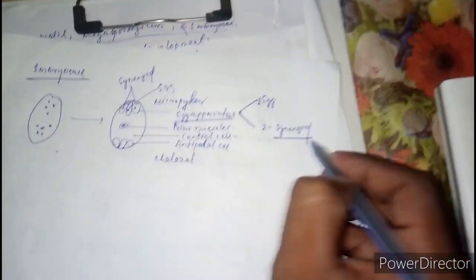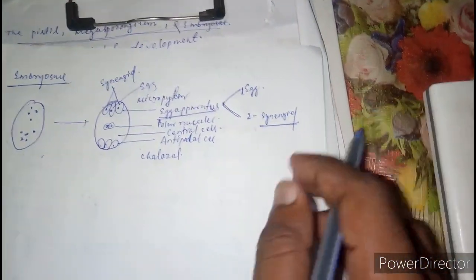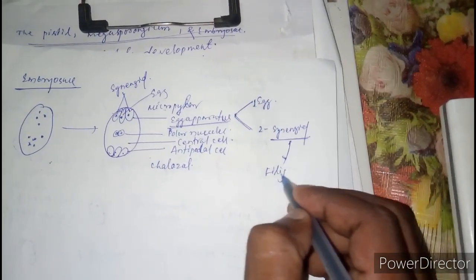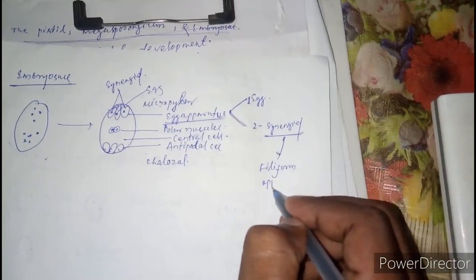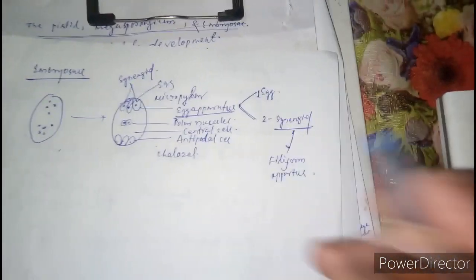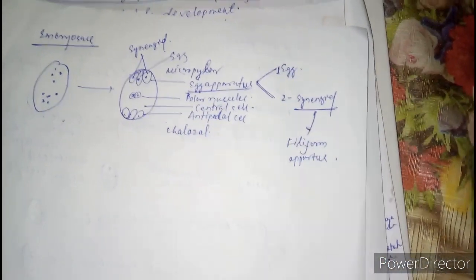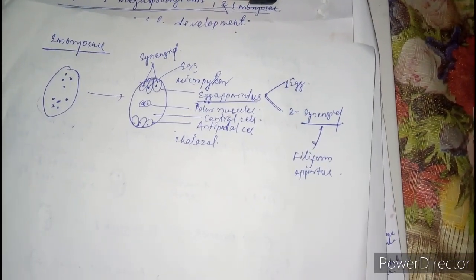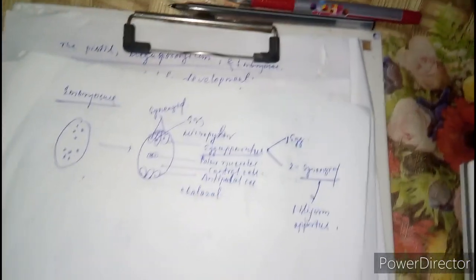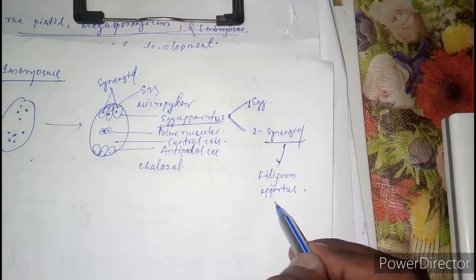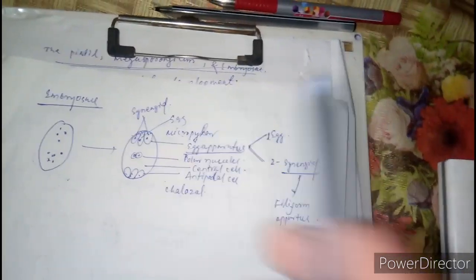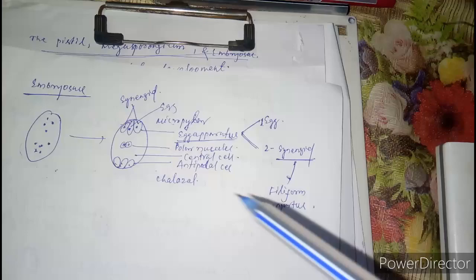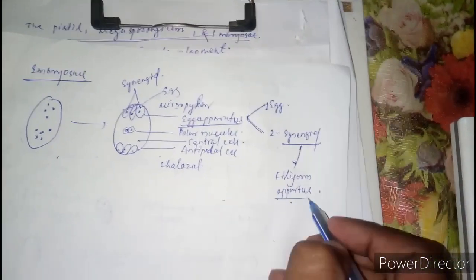Synergids have a cellular thickening at the micropylar tip called the filiform apparatus, which plays an important role in guiding the pollen tube into the embryo sac, into the synergids.